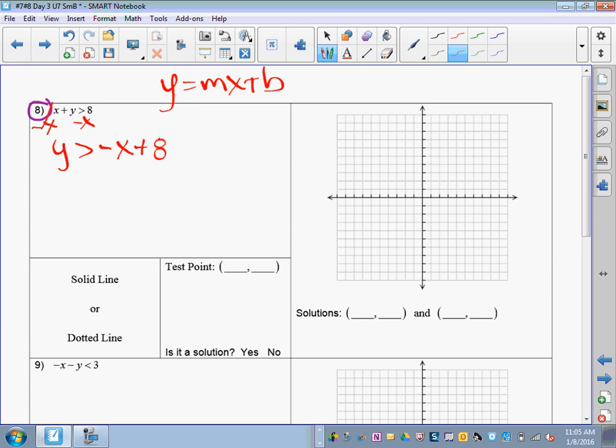All right, so my y-intercept. Kevin, what's my y-intercept? And then Alex, I'll call on you for the slope. Okay. Good. My y-intercept is 8. Alex, what is my slope?